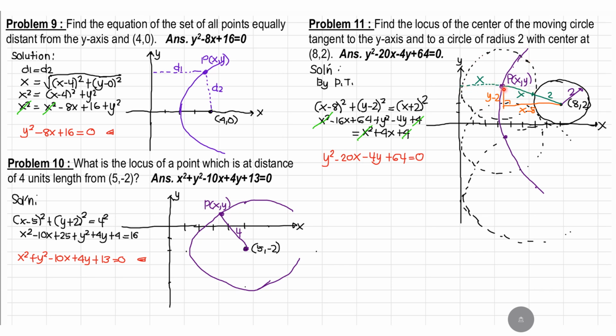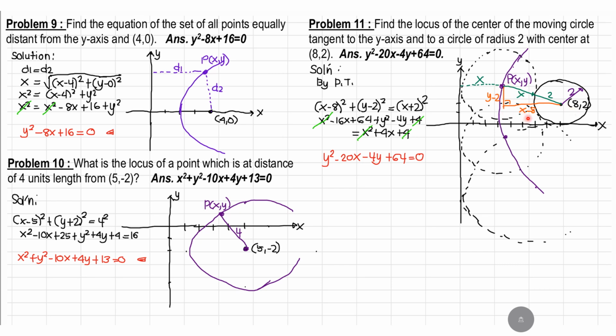The radius of the fixed circle is 2. Then we have a right triangle here. The horizontal projection is x minus 8 or 8 minus x, it doesn't matter. Then y minus 2 for the vertical, or 2 minus y, it doesn't matter also, because we apply the Pythagorean theorem in this right triangle.